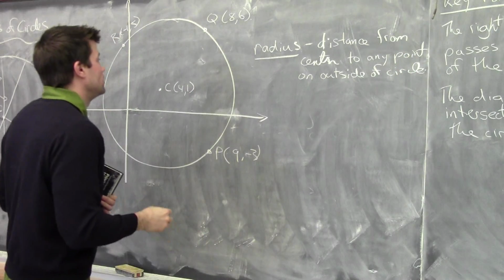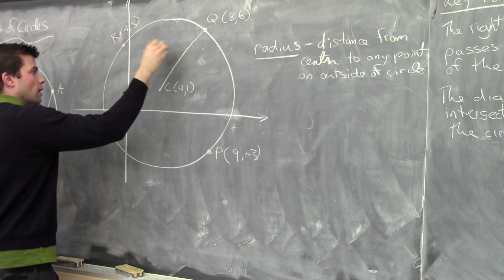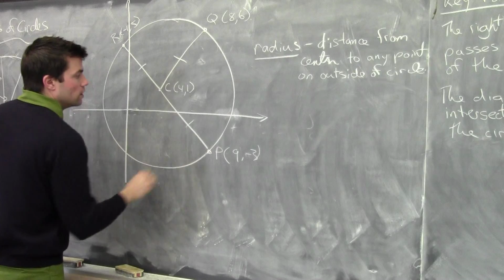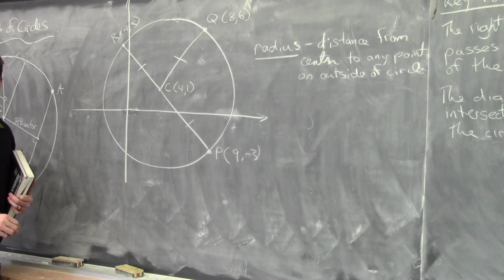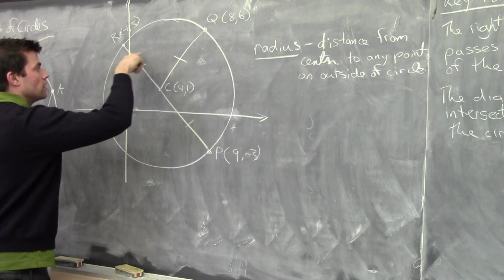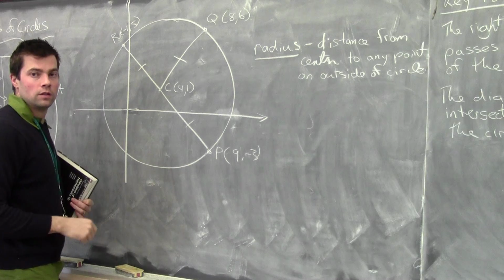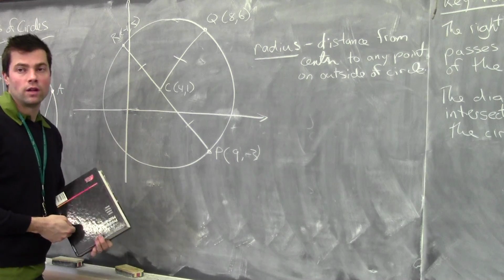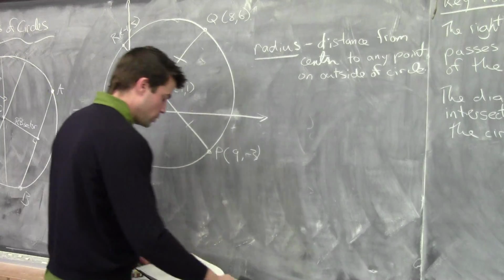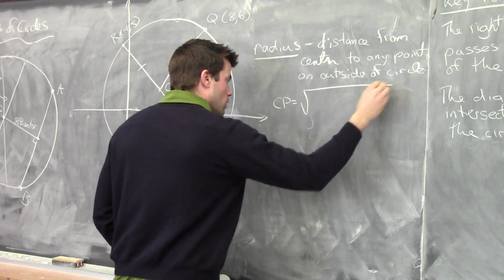So what Josh is saying is, if all these points are on the same circle, then this line is going to be equal to this line, which will be equal to this line. So I just need to use my length formula to check the length of CR, CQ, and CP. If they're all the same, then they lie on the same circle with that as its center. All right, so we check the length of CP using our length formula.